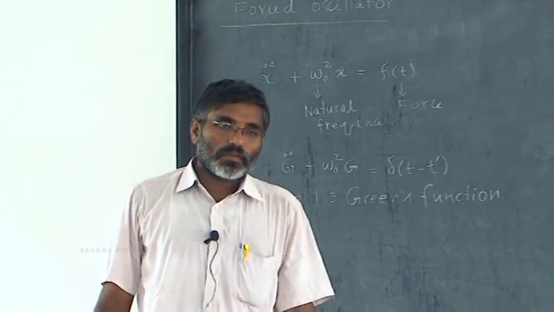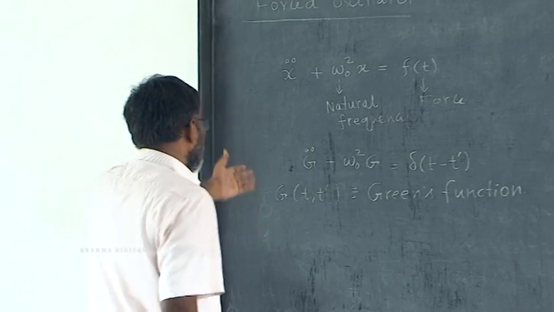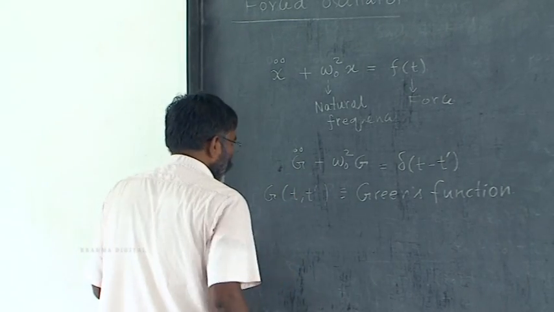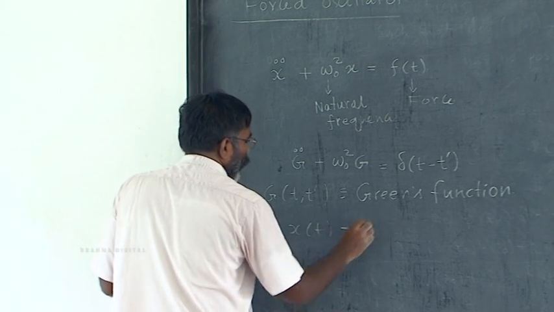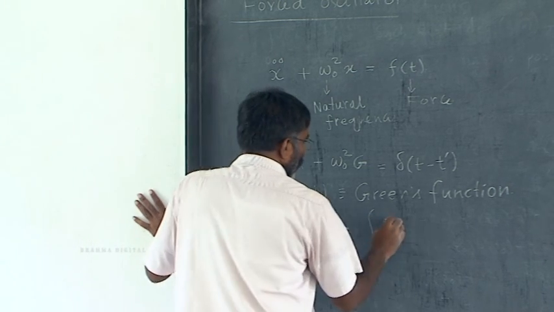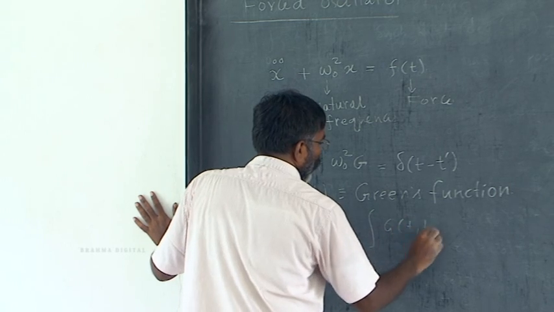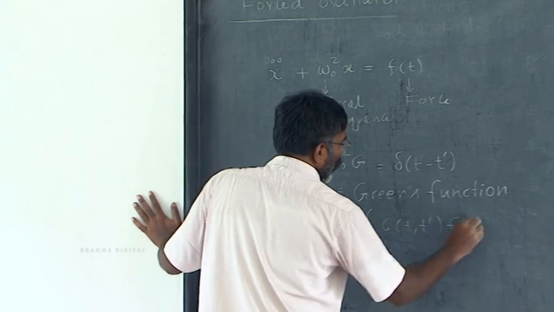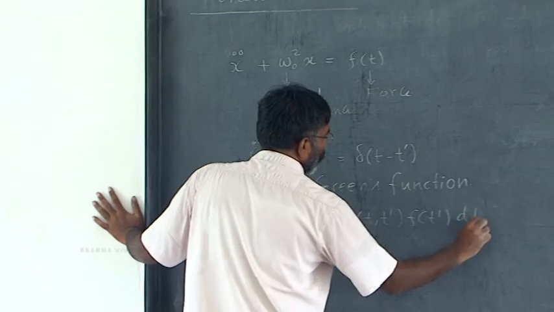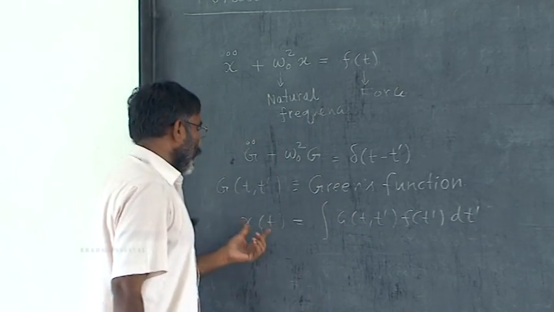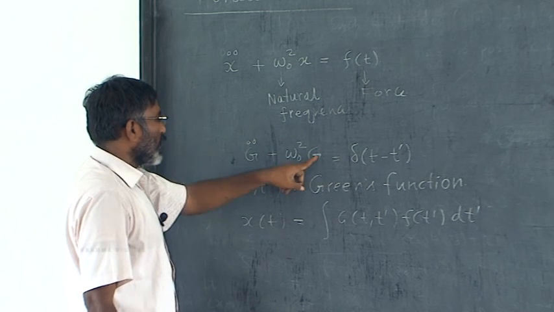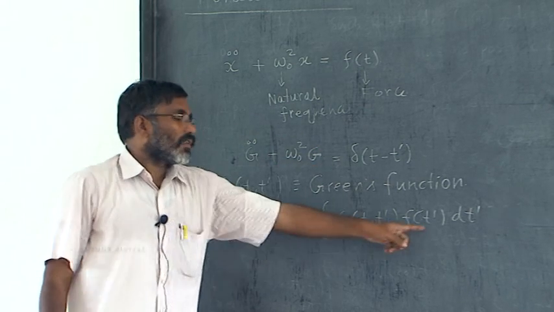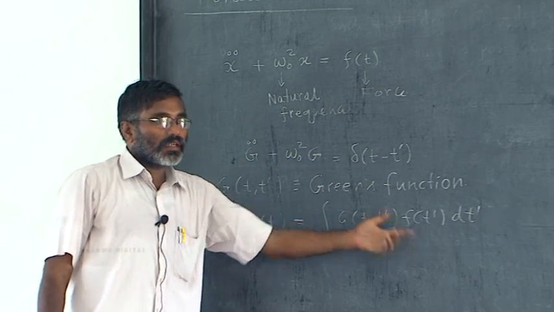So essentially what we have to do is solve this equation, get the Green's function, then our x of t can be written as the integral of g of t, t prime into f of t prime dt prime. So I don't have to solve the original problem; if I solve this problem and get g, then I can put it in the integral and get x of t.